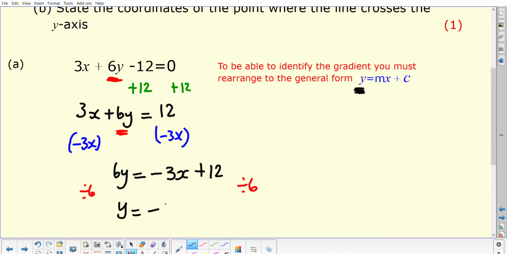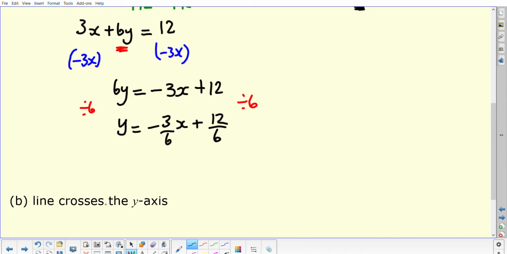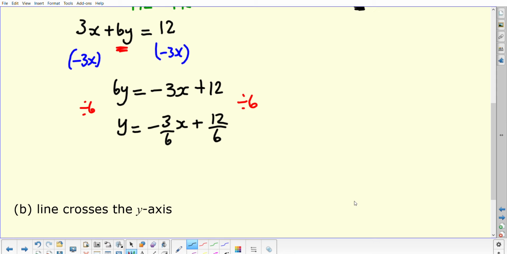So that means I would be doing this, so minus 3 over 6x, and we would have 12 over 6. So each of those terms getting divided, of course, by 6, and then from there you would simplify that.